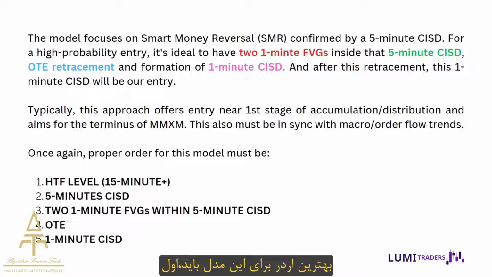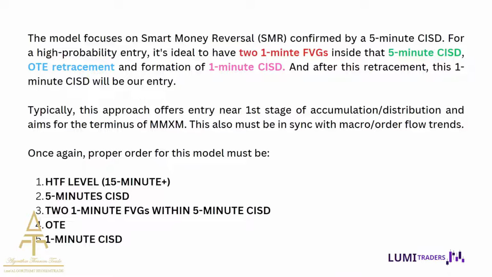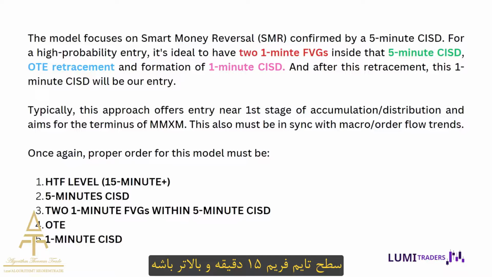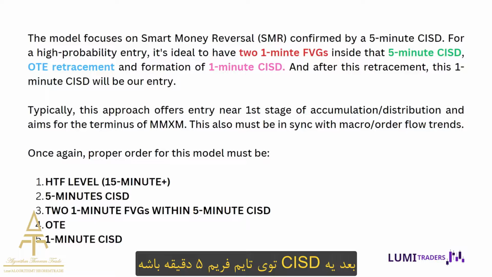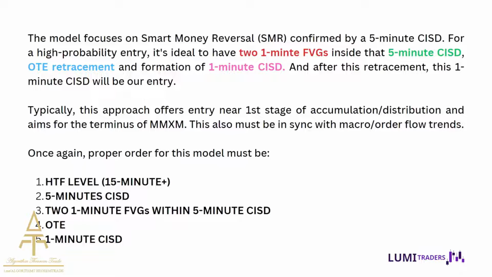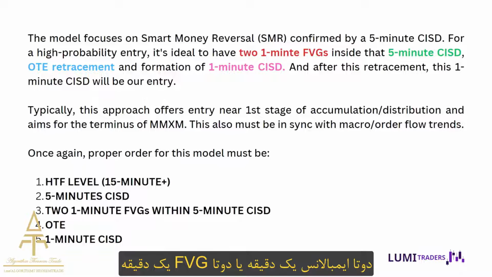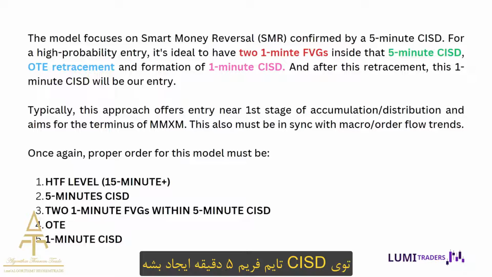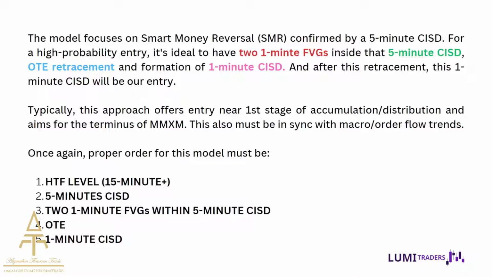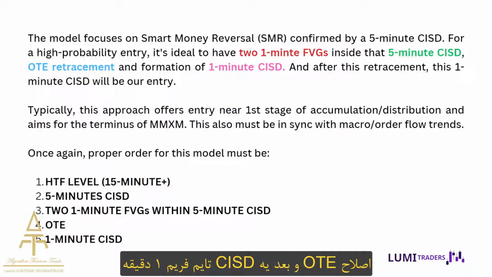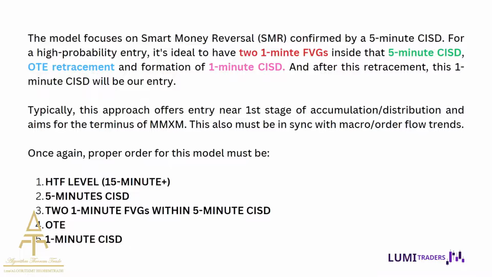Proper order for this model must be, first, high time frame level, 15 minute and higher, 5-minute change in the state of delivery, two 1-minute imbalances, two 1-minute fair value gaps within 5-minute change in the state of delivery, OTE retracement, and 1-minute change in the state of delivery.